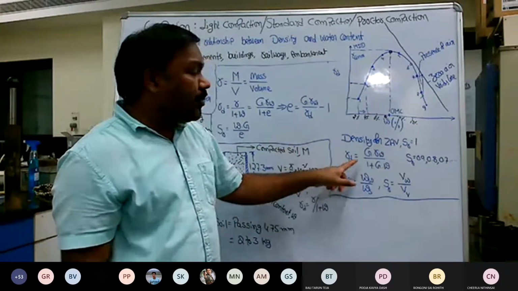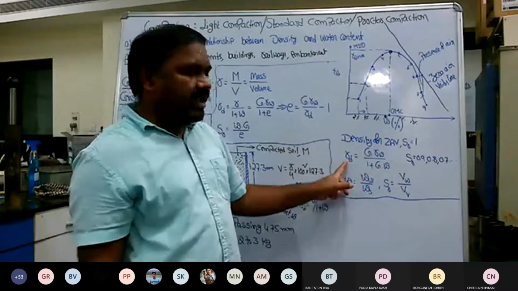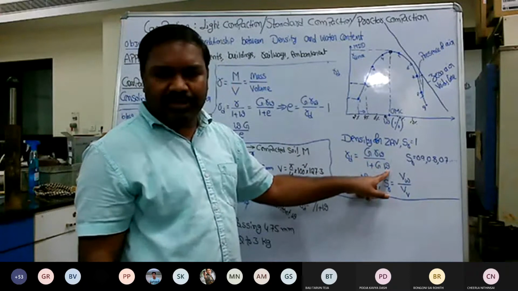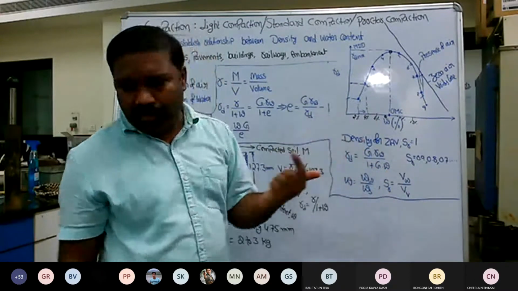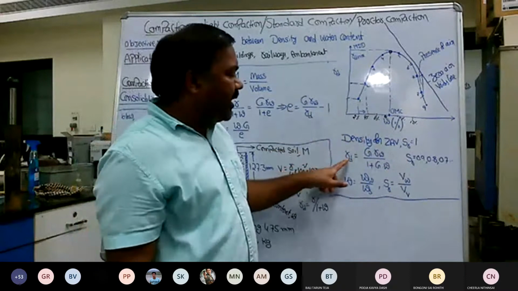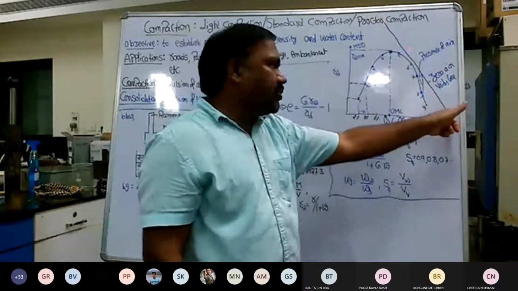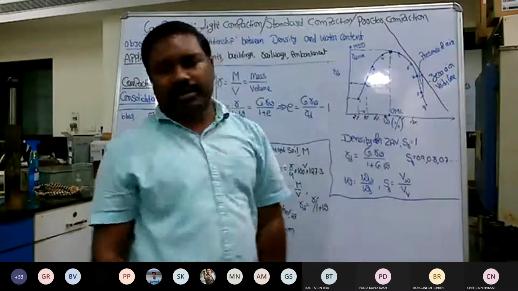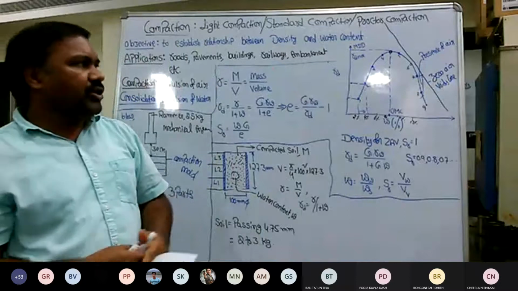So this gamma D is obtained theoretically, not from the experiment. This is the theoretical dry density, while the water content is a fixed one. The specific gravity is again known. Keep on calculating gamma D versus water content, and if you draw that relationship, the linear or non-linear curve you get is called the zero air voids line.